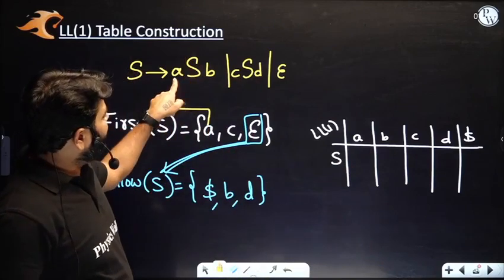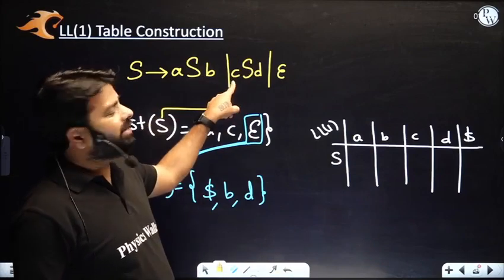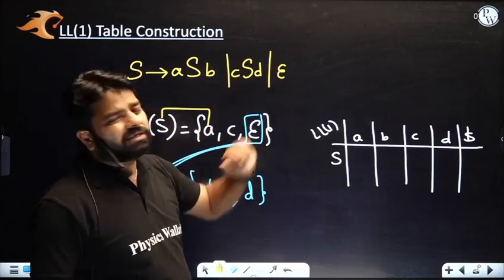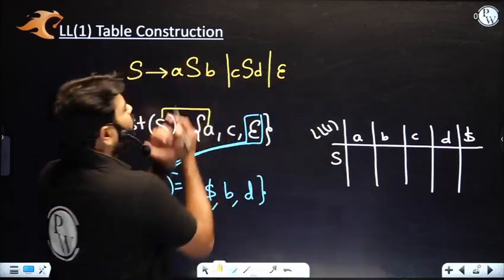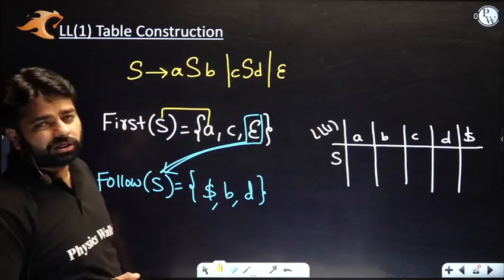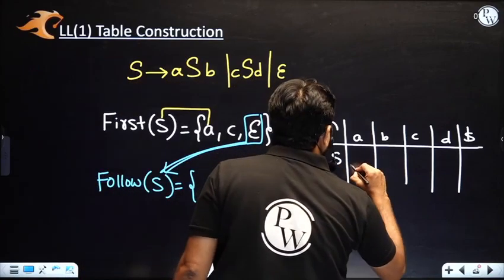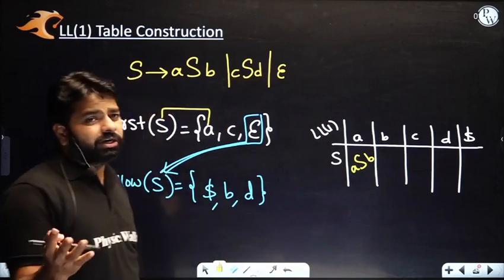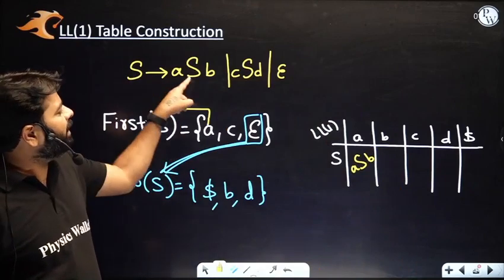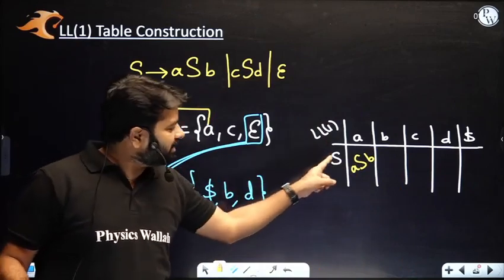This one is giving A as the first, this one is not giving A as the first, and this is a null production. So, you are going to write this production; either you can write only the RHS or you can write the whole production. I am only writing ASB. RHS is sufficient because it is the S row, I know S derives ASB.